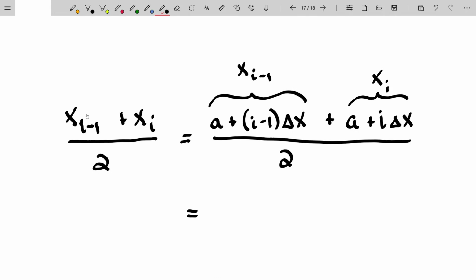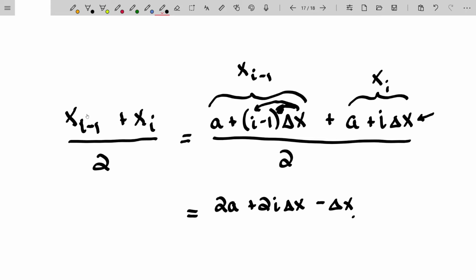Well, this becomes, let's see, we have 2 of those a's upstairs. If I distribute this delta x to each of these terms, I'll have an i delta x minus delta x, and I have another i delta x right here. So I have a positive 2 of those i delta x's. And remember, I still have a minus delta x because of that distribution.